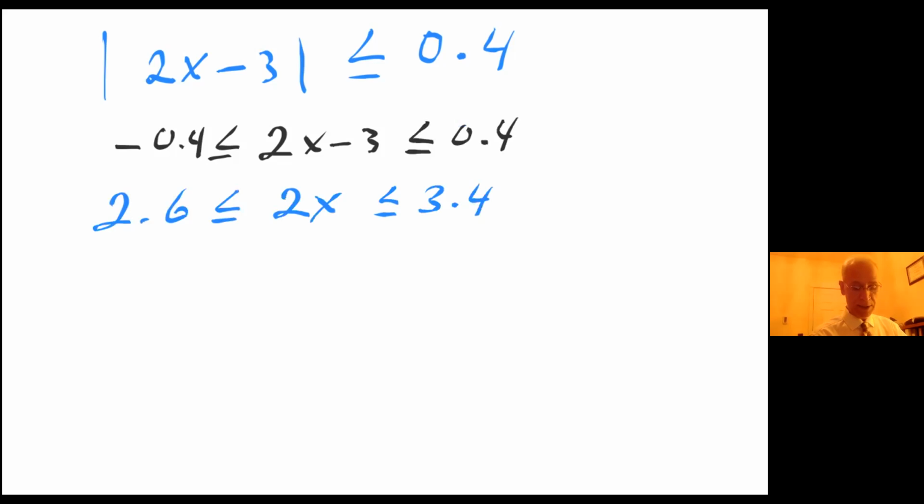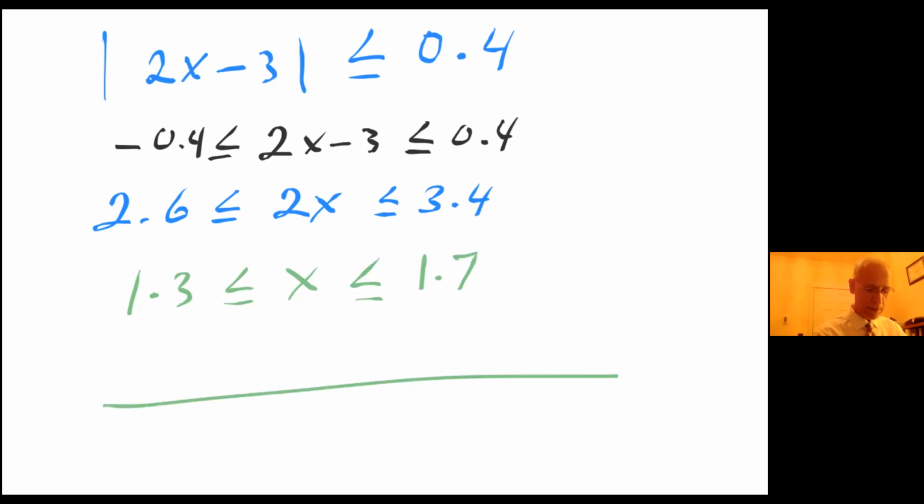Multiplying all three sides by 1/2, 1/2 of 2.6 is 1.3, smaller than or equal to x, and 3.4 divided by 2 is 1.7. Okay, so here it is. 1.3 here, 1.7 in here, and all the values in between.